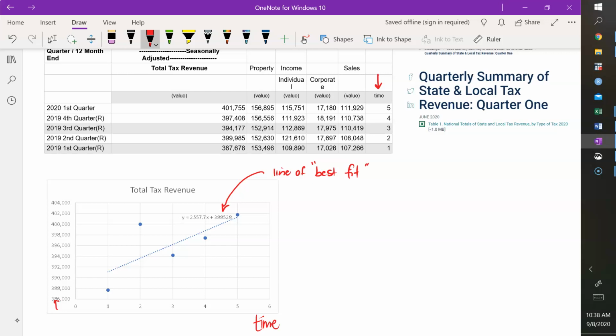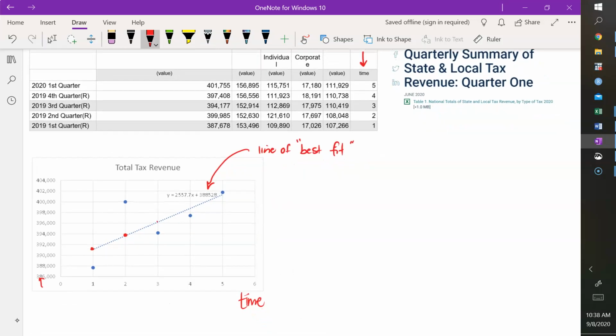Each of these data points, we could think about the line that was fit to the data as essentially done like this. This is the expected value of Y, tax revenue, given that we're in time period 1, or first quarter.